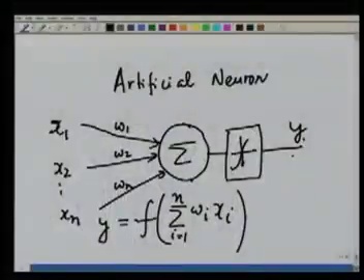Inputs are multiple for a single neuron and output is unique y, and this y and the input bear a nonlinear relationship, this f. Neural networks can be built using this single neuron.